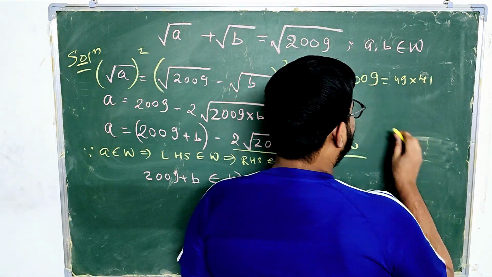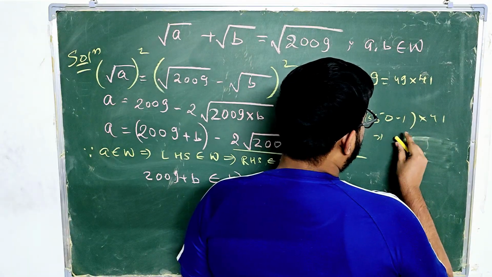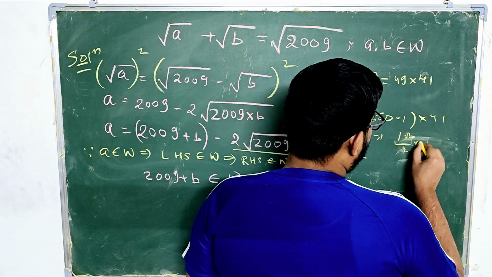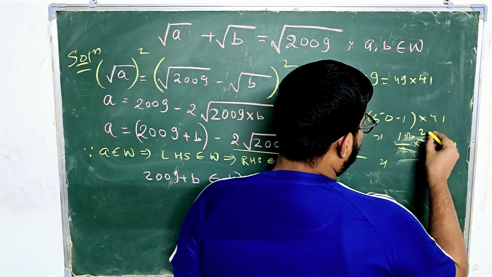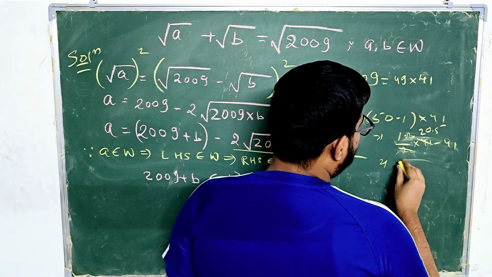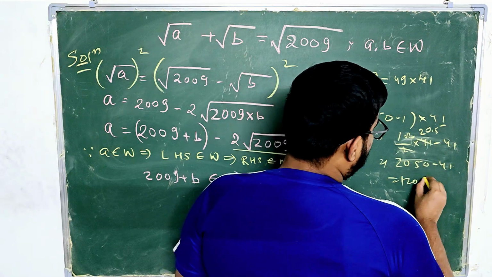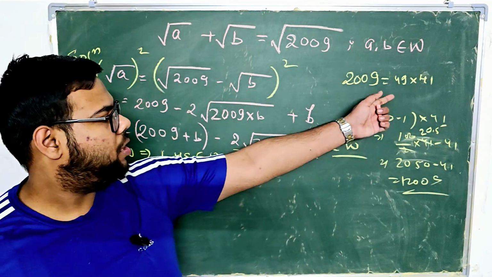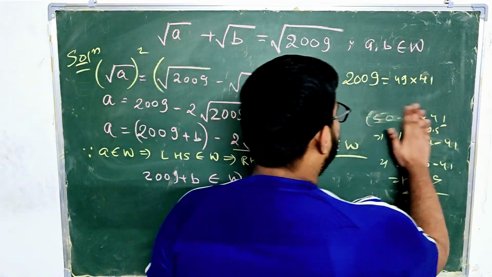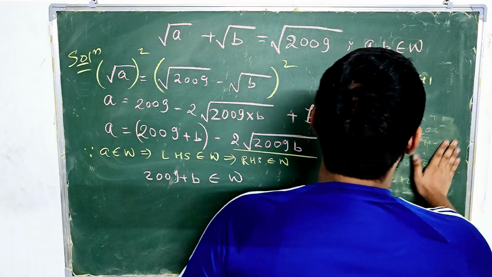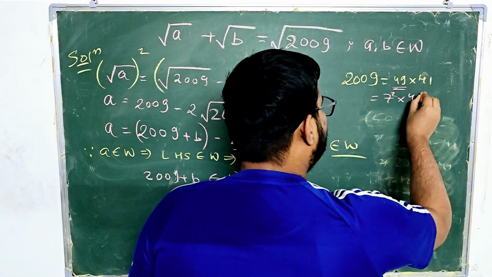You can write 50 minus 1 times 41, so it will be 2050 minus 41, which is 2009, right? So this is actually equal to 49 times 41. So clearly 49 is a perfect square.